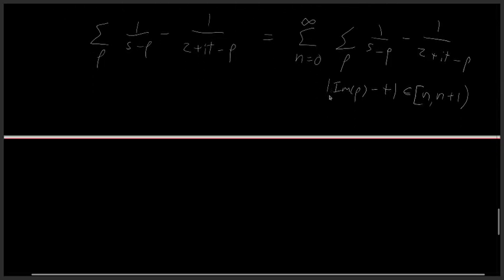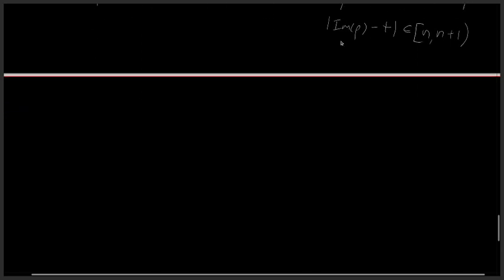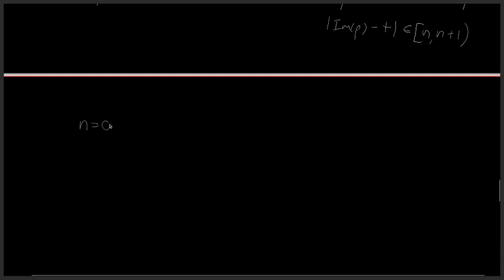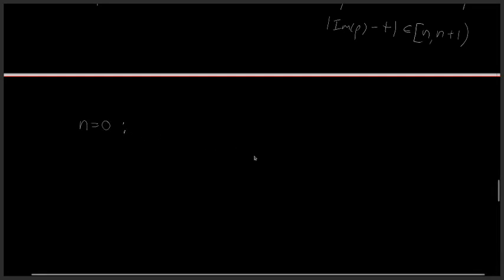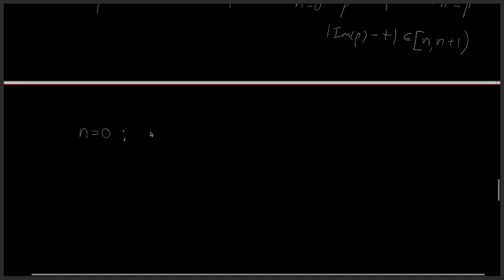Okay, and now let's look at what happens for each of these individual terms. For n equals 0, maybe we have to treat it a little bit differently. Here, we really might be on top of one of the zeros, and that would mean that the logarithmic derivative of zeta would in fact have a pole.